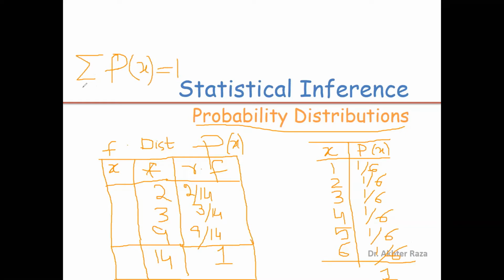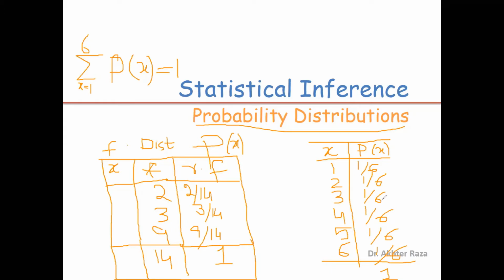For all values of x means, if we are referring to this table, then we have the values of x as x is equal to 1 to 6. If we add all the probabilities from 1 to 6 and the total becomes 1, we can call this table a probability distribution.